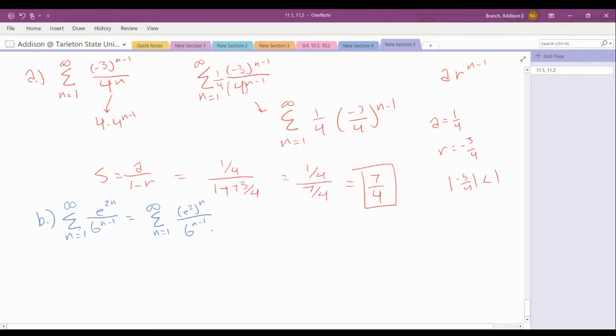We can then do the same little trick that we did in the last one and pull out an e squared, to get us e squared over 6 to the n minus 1.